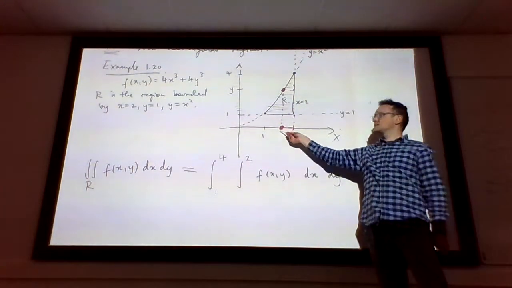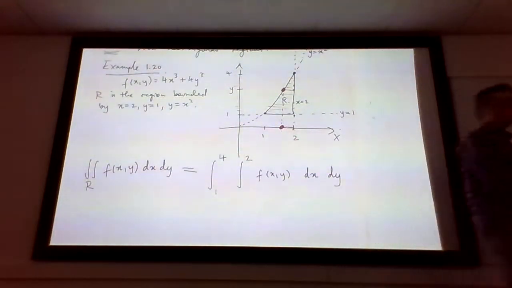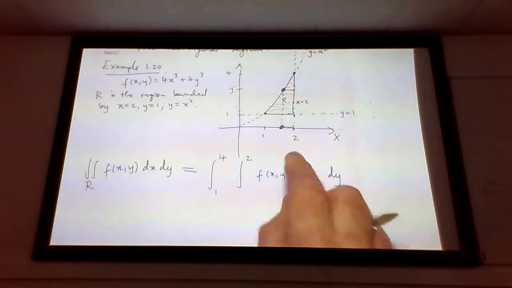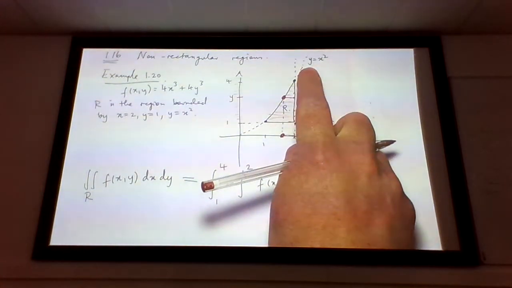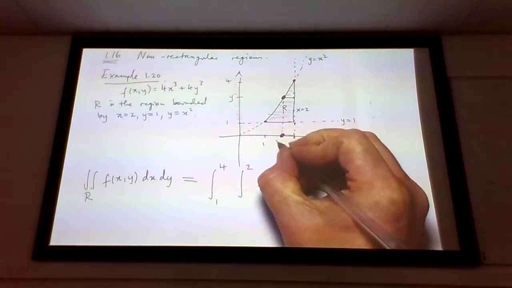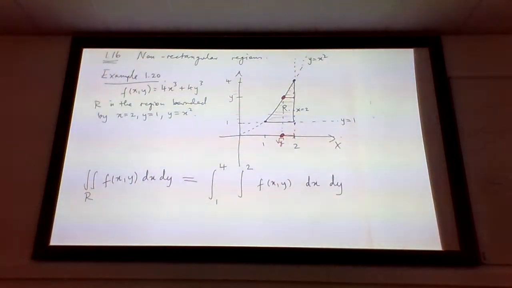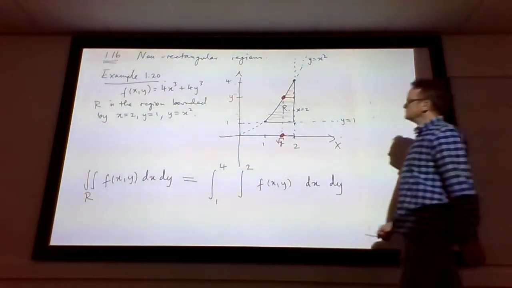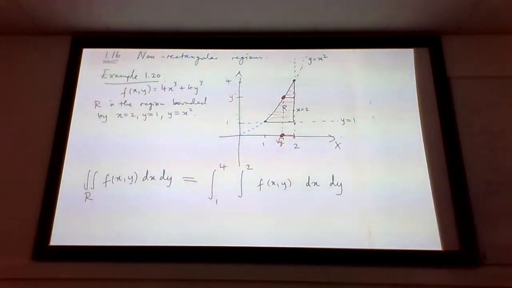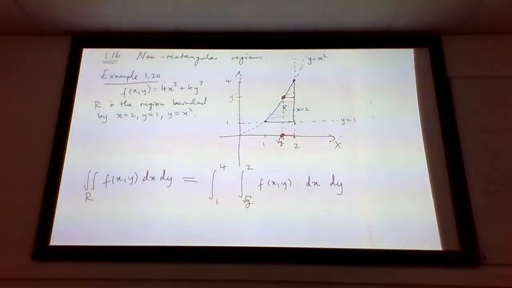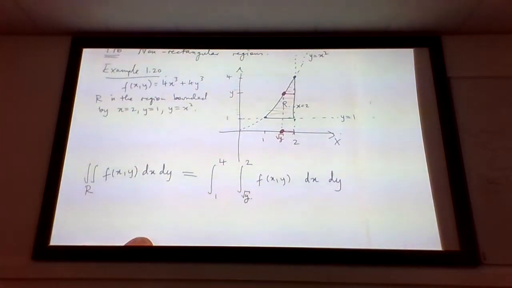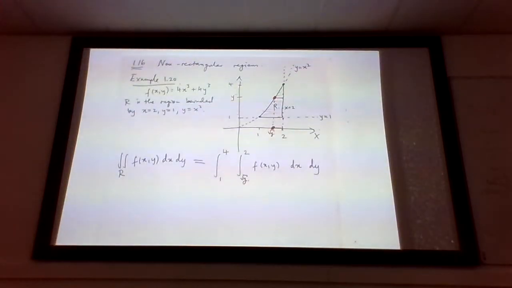So what is this x value down here? Well, it's the x value that gives you y out of here. Okay? So this is the square root of y. Okay? So our lower limit on the x interval is the square root of y.